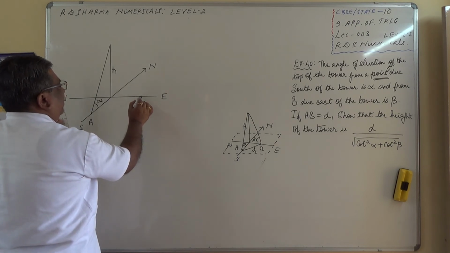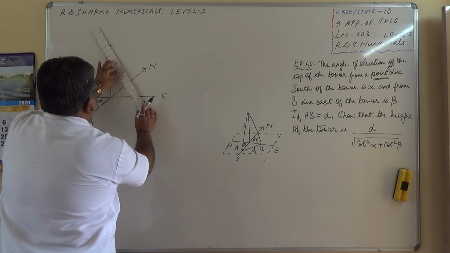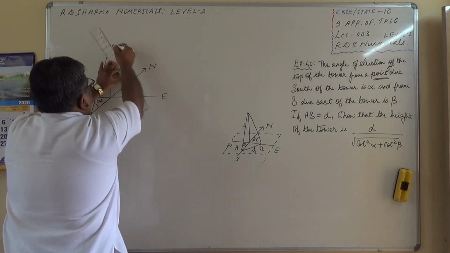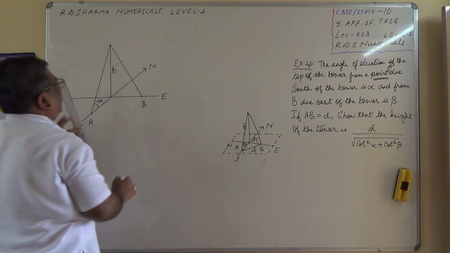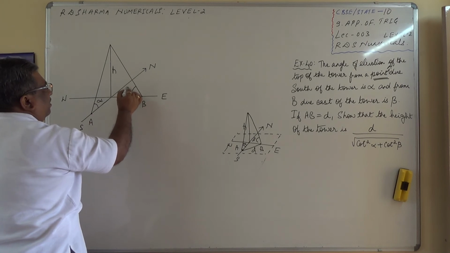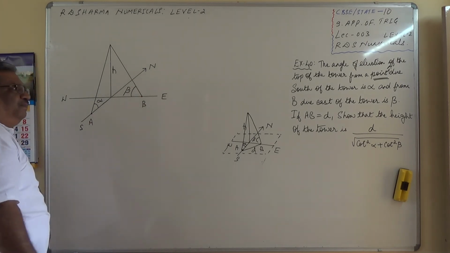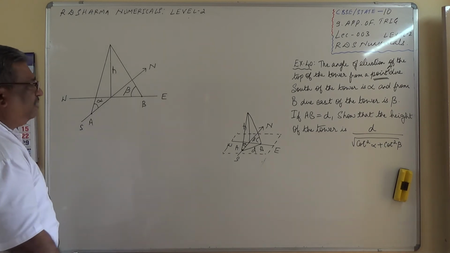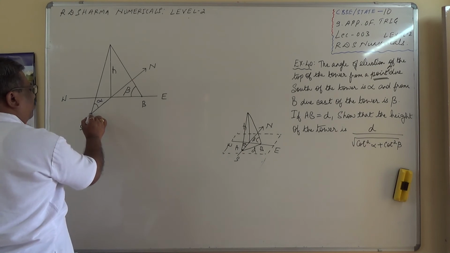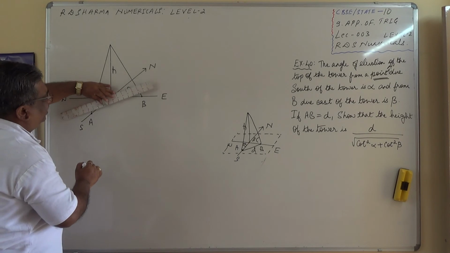From point B, if I look at the top of the tower, then the angle of elevation is beta here. So this is the angle of elevation beta viewed from the point B due east. Is it right? Due east. Now also he has given the distance between these 2 points A and B is d, small d. So that also I will join it here.